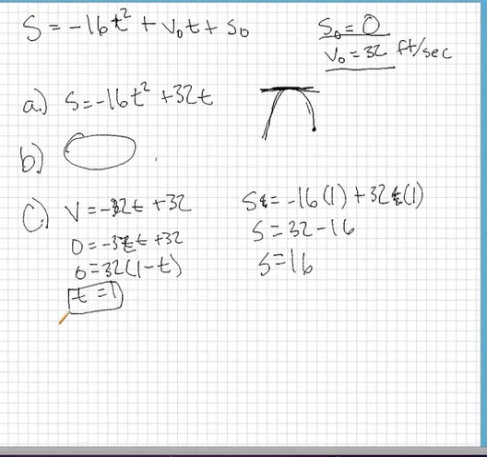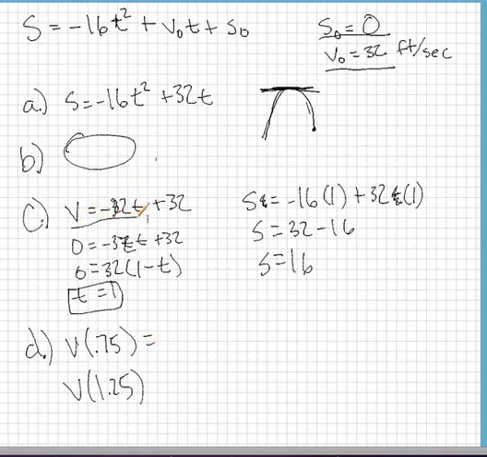And then D says find the instantaneous velocity at t equals 0.75 and t equals 1.25. That's just plugging it into this equation that we found right here.